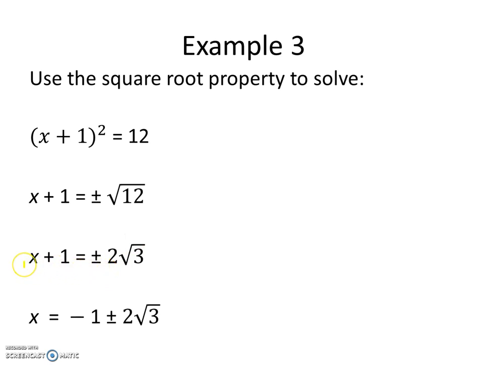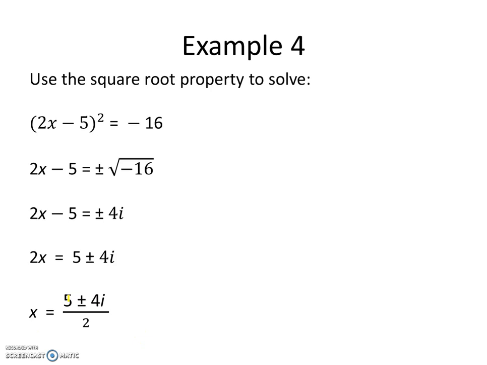So now we are at x plus 1 equals plus or minus 2 times the square root of 3. Then we subtract 1 from both sides, and we end up that x equals negative 1 plus or minus 2 times the square root of 3.